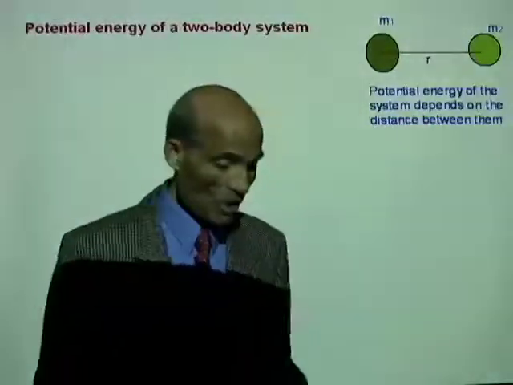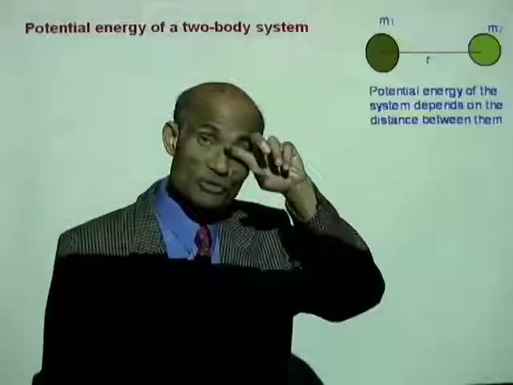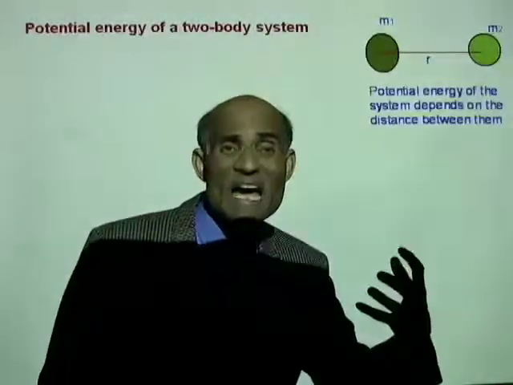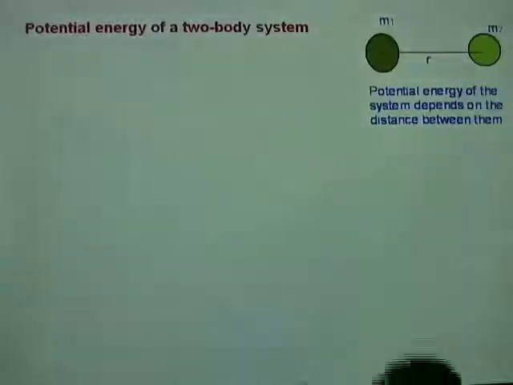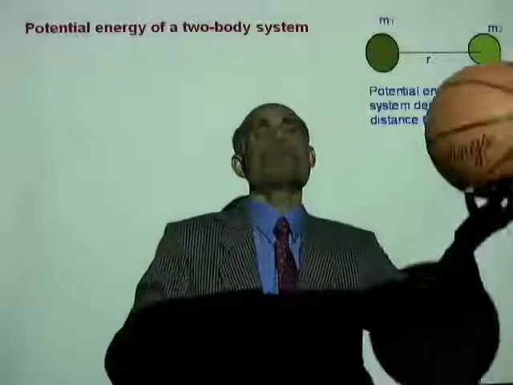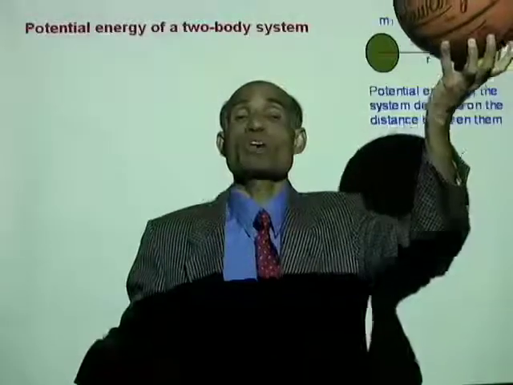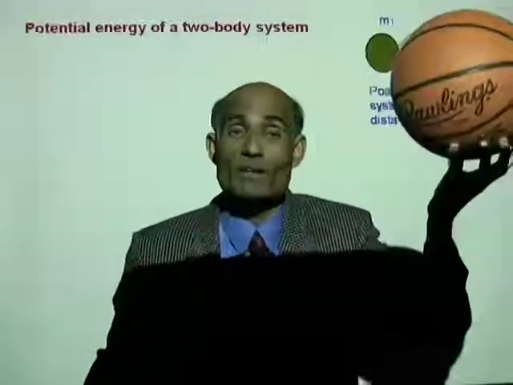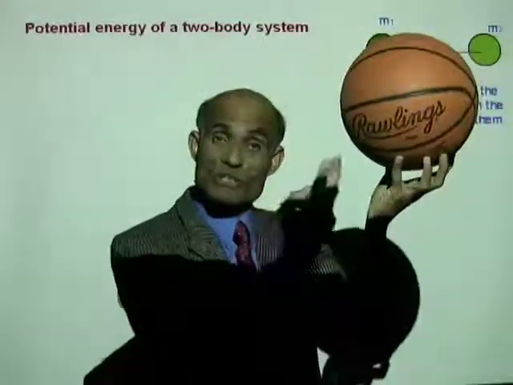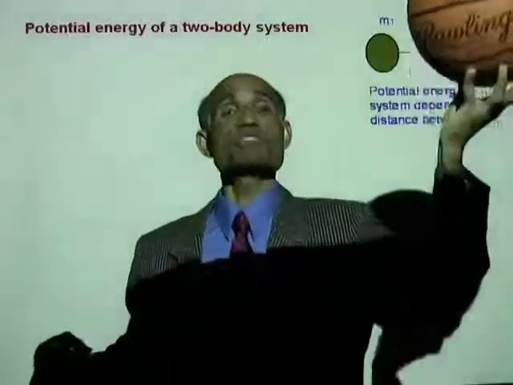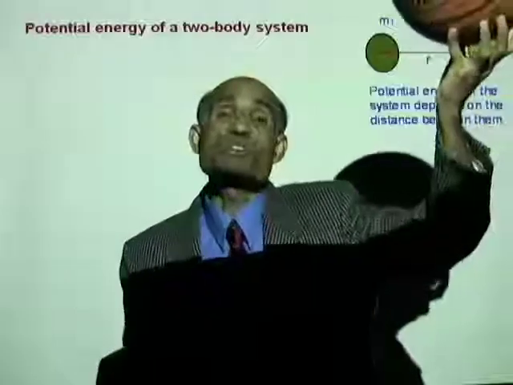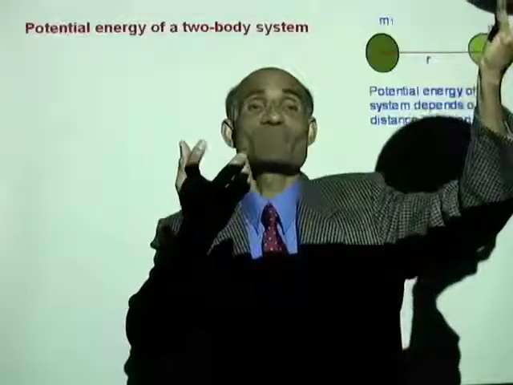When the basketball is on the surface of the Earth, we say it has the least potential energy. If I want to move the basketball away from the surface of the Earth, I need to do work, and the work I do supplies this ball with potential energy. As the distance increases, the potential energy also increases.